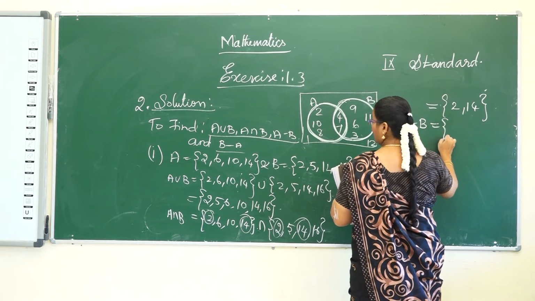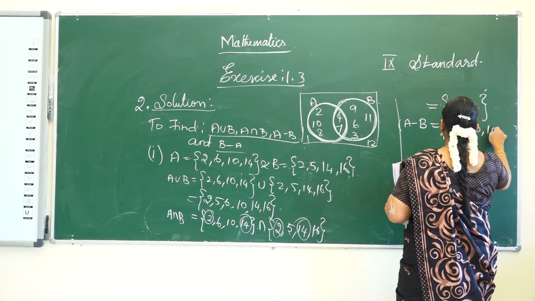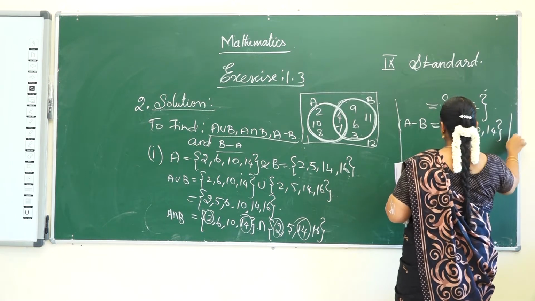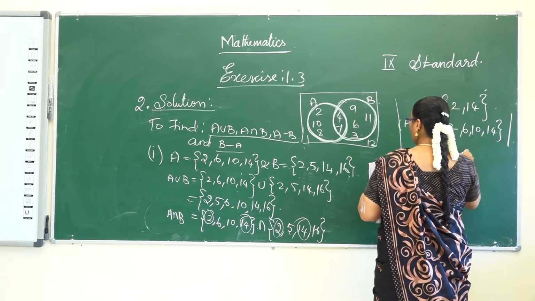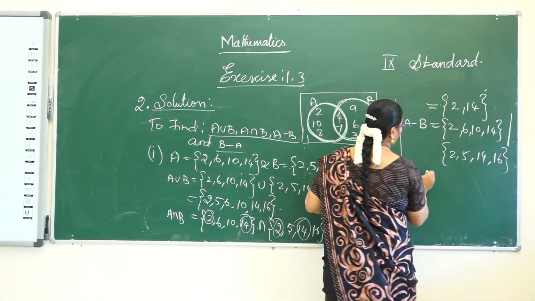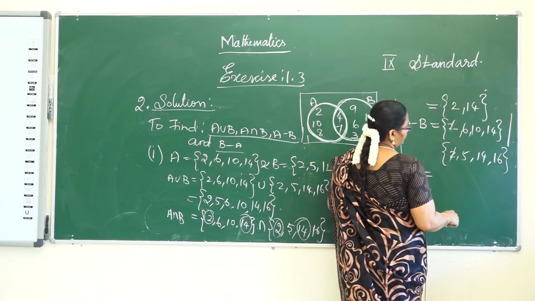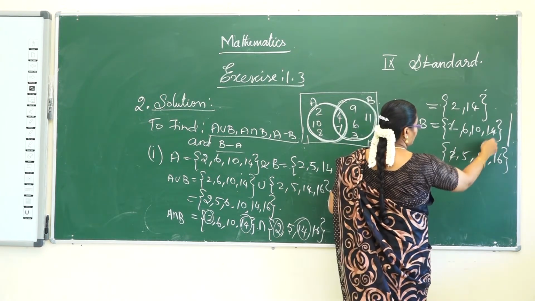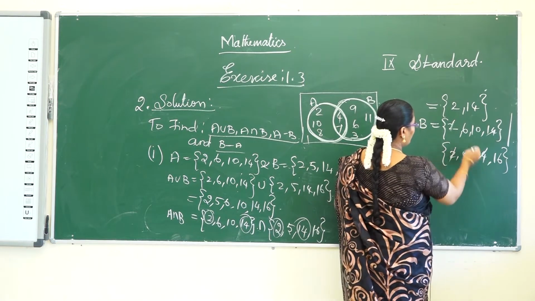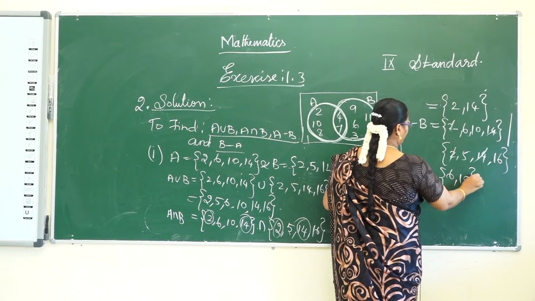And next one, A difference B. A difference B means 2, 6, 10, 14 difference B 2, 5, 14, 16. So cancel the common elements in both sets. Okay, what remains in set A? 6 and 10.